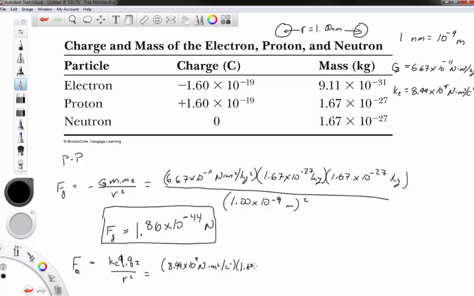So 1.60 times 10 to the minus 19 coulombs times another 1.60 times 10 to the minus 19 coulombs. And then all of that is going to be divided by the separation distance. So again, 1.00 times 10 to the minus 9 meters, quantity squared.